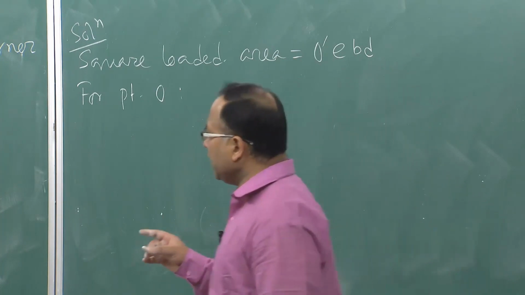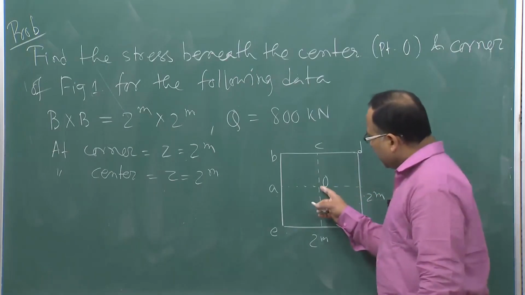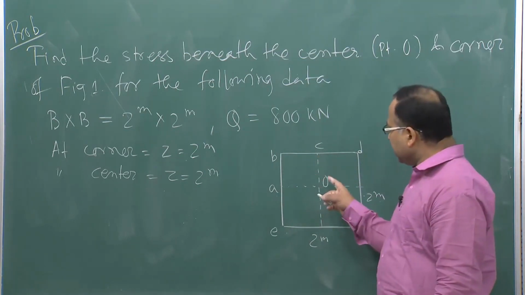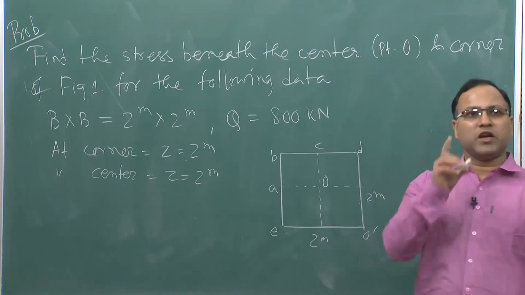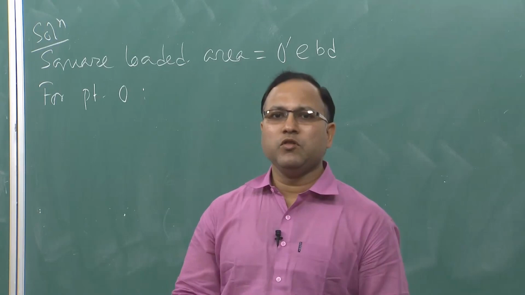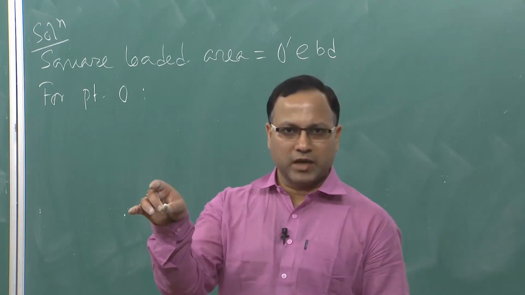So, if you consider the center of this square area, this point should belong to some corner of the rectangle or square, then only you will be able to use that formula, right.